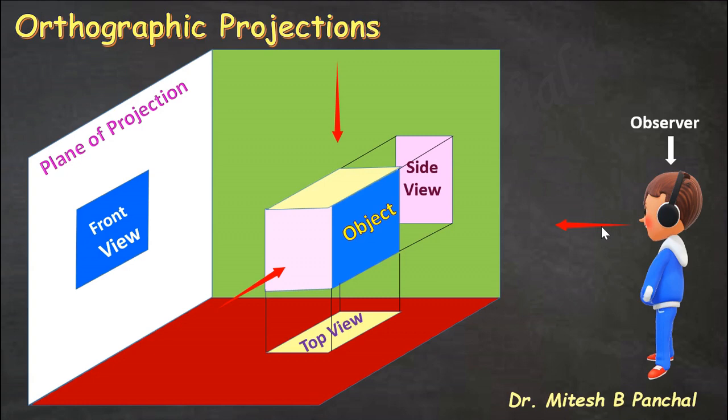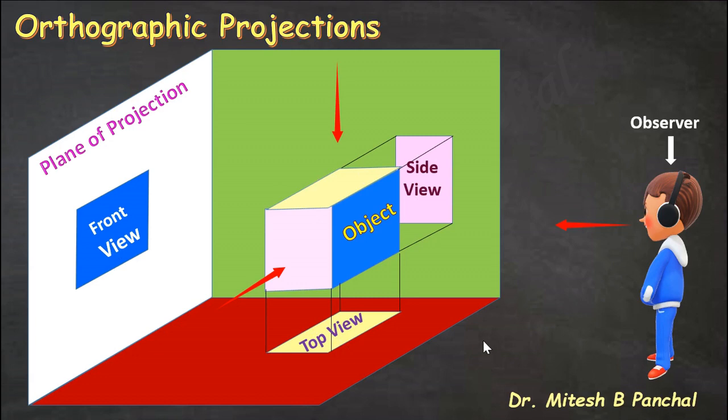For this particular direction we will get the front view of the object. While viewing the object from the left hand side, you will get the side view, and viewing the object from the top side, we will get the top view. All these projections we will obtain on different planes of projection.